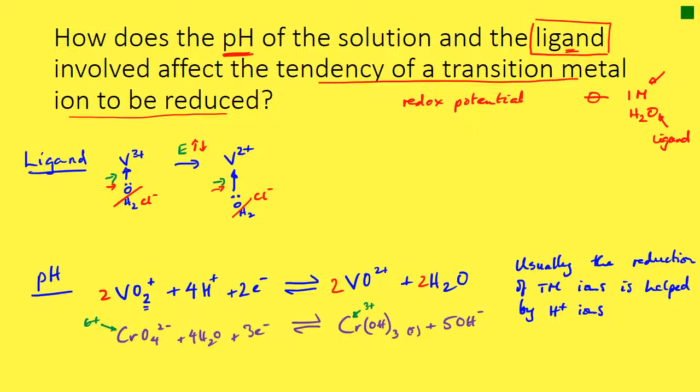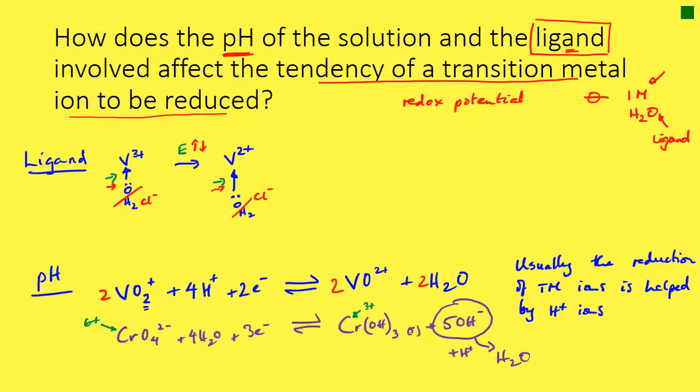And so what we're saying is that because this reaction makes hydroxide ions, if you acidified that solution by adding H+ ions, you would basically suck out those hydroxide ions, making them into water molecules.